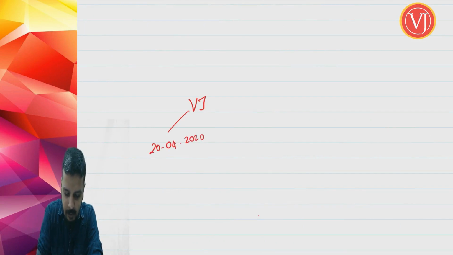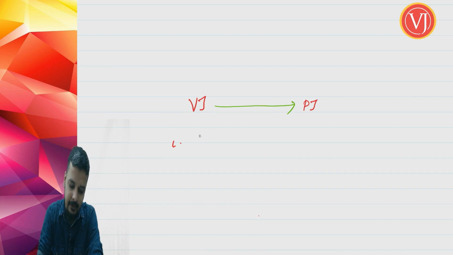Supposing I got the script on say 20th of April 2020, and I have sold the script to another person at a discount. So I got a script for value say 5 lakhs.